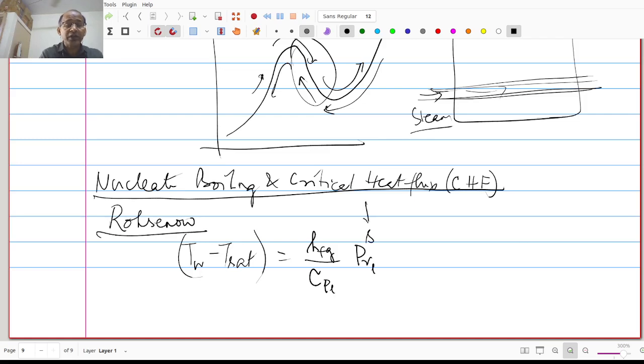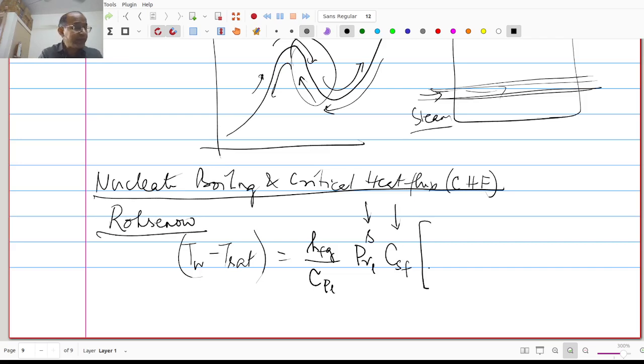This is one constant that the correlation obtained using fits on experiments, and another constant C_sf, which is another model constant. These are the two things that one needs to look at for different substances and situations.